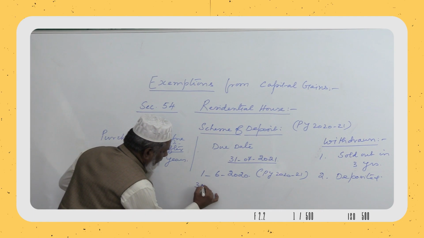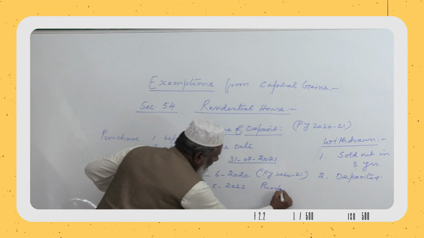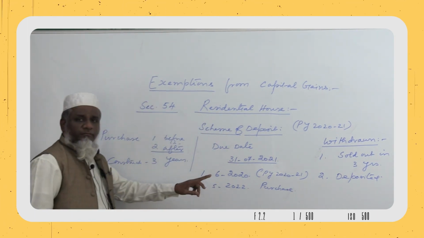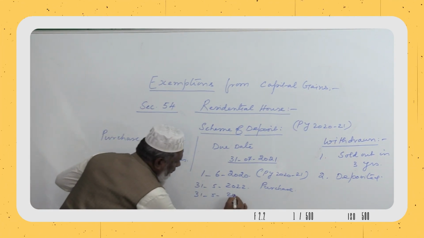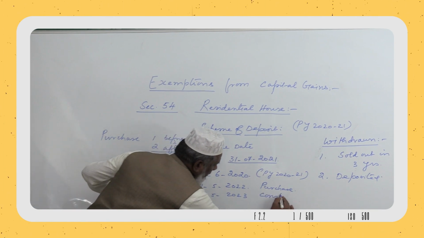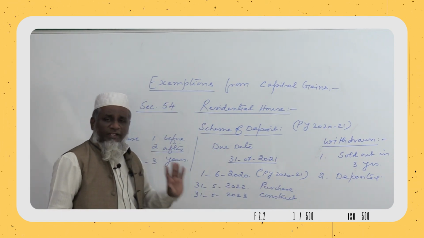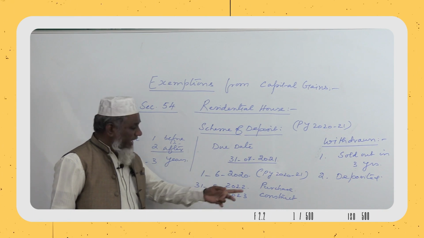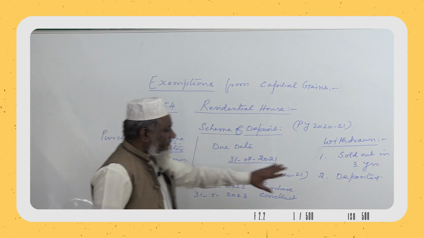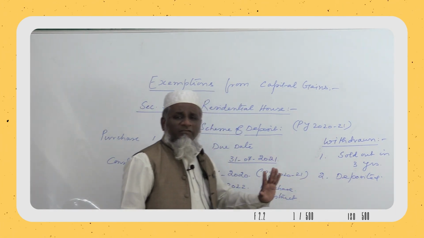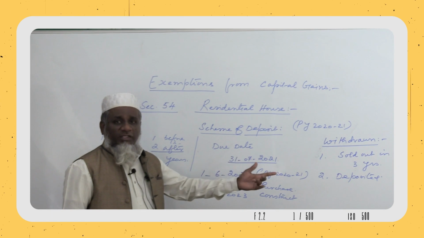So before 31/5/2022, I should utilize the money for purchase of another house, or before 31/5/2023, I should use the money to construct another residential house. If I fail to either purchase or construct within the time limit, then whatever exemption I have claimed after depositing will be withdrawn. I am supposed to pay tax for this.